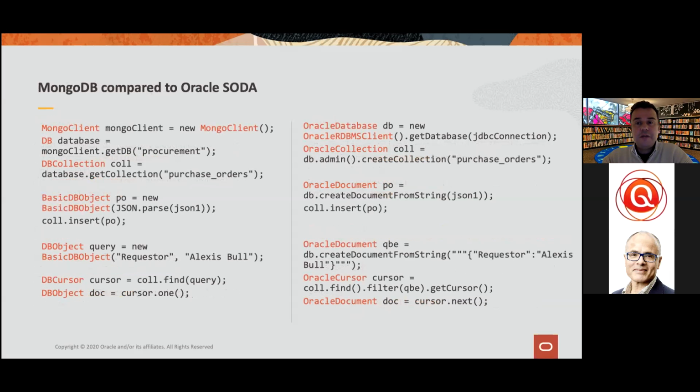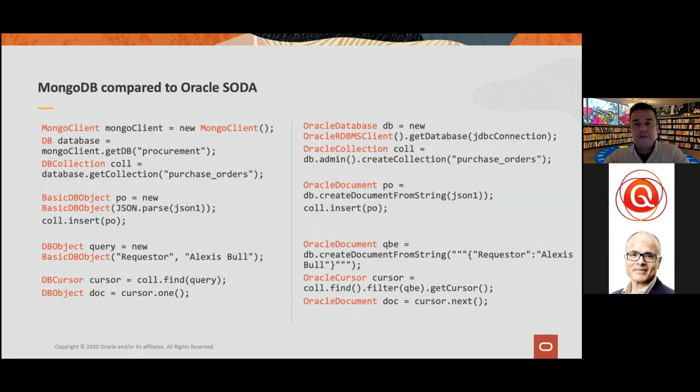And if you want to have a comparison with an existing NoSQL database API calls, we have here a comparison. This is Java, between MongoDB and Oracle SODA, the Simple Oracle Document Access API. And you can see here the code is very simple.